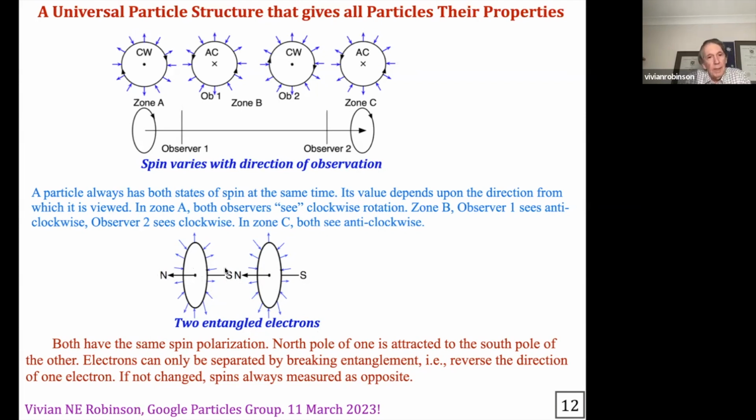That turns the whole half H bar, goes from plus half H bar to minus half H bar. And that's the only way you'll break the entanglement. And then you can let them go off as far as you like. And as long as you don't change the spins, then if they are entangled, they'll always be measured as having opposing spins.